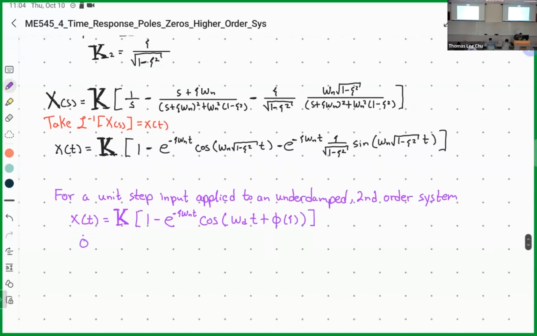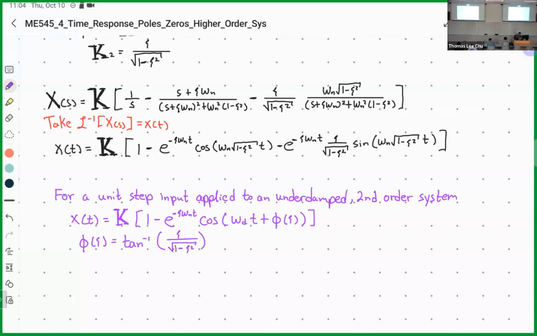So phi is defined as the arctan, or the inverse tan, of zeta divided by square root of 1 minus zeta squared.